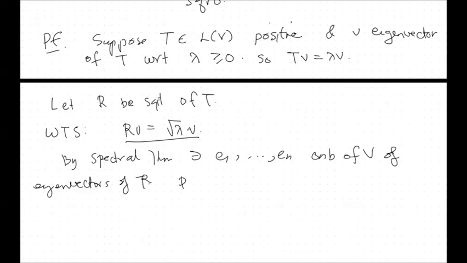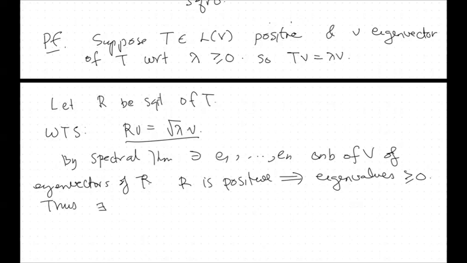R is positive, so by our characterization earlier, all its eigenvalues are greater than or equal to 0. Thus, there exist non-negative lambda sub 1 up to lambda sub n such that your R of e_j is square root of lambda j times e sub j.